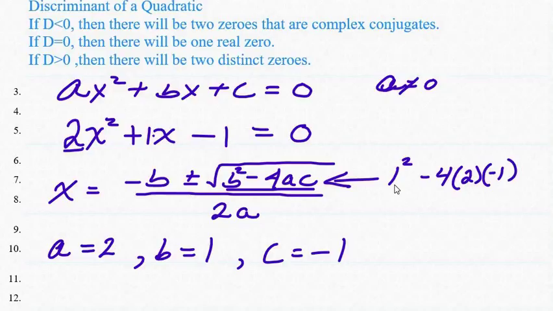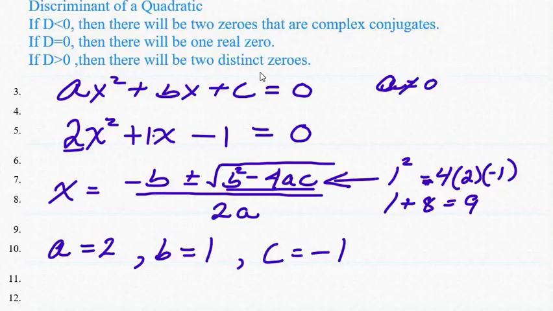So what is the discriminant? We have 1, and here's a negative and a negative. That makes that a positive. So this is going to be plus 4 times 2 times 1, which is 8, which happens to equal 9.